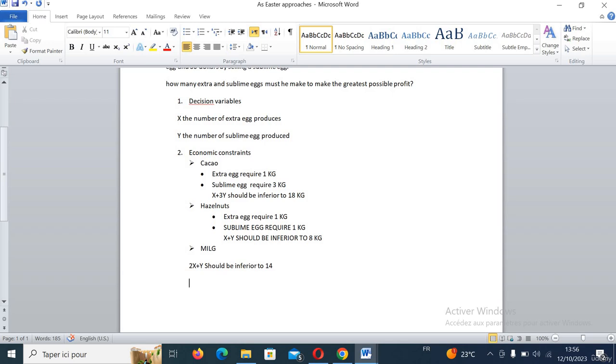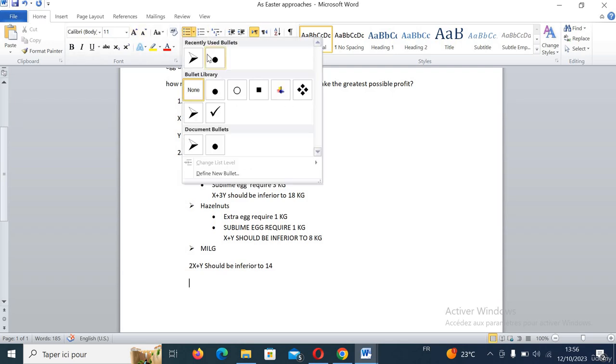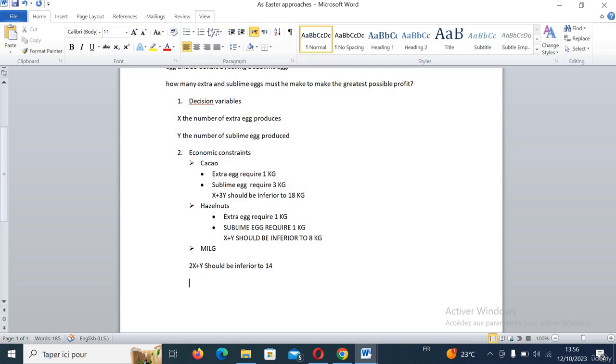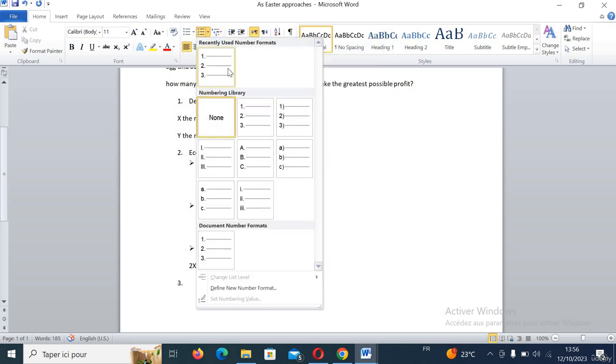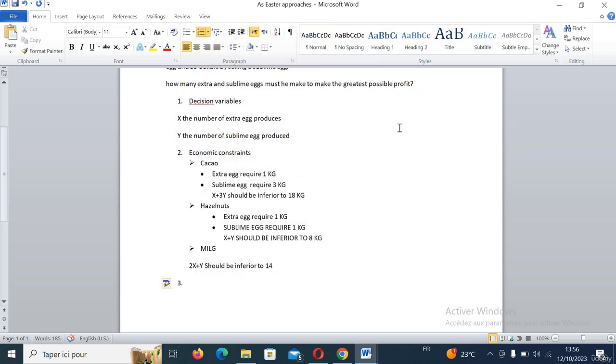So now we move to the third step, which is to define the objective function. To maximize the benefits, the extra egg makes $20 profit, and the sublime egg makes $30 profit.